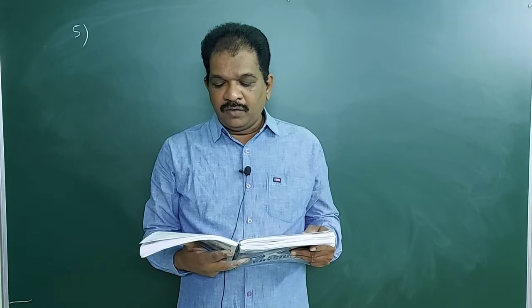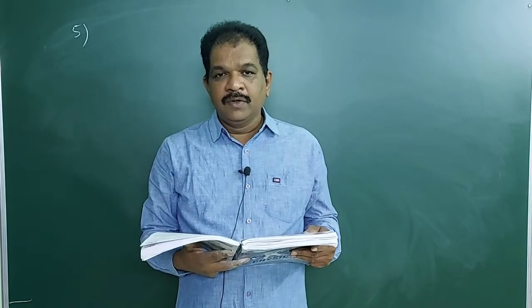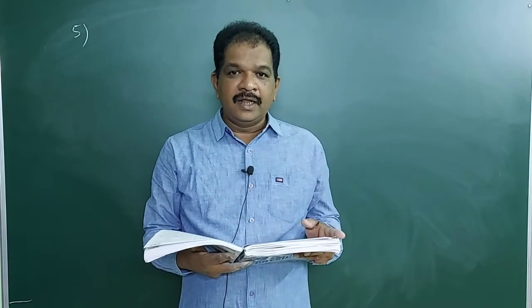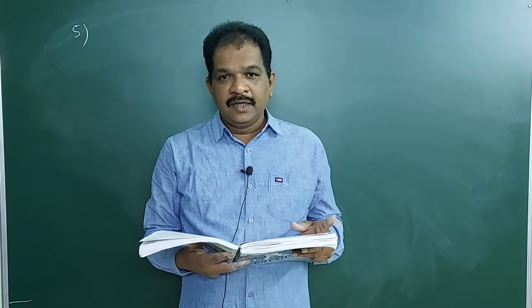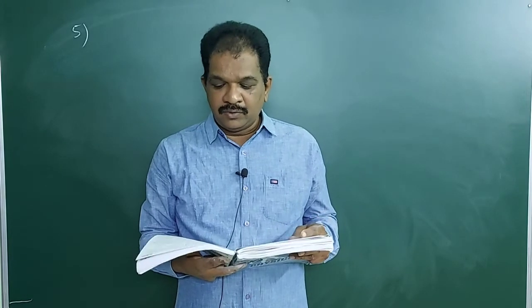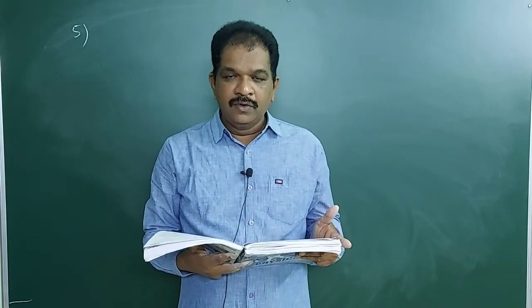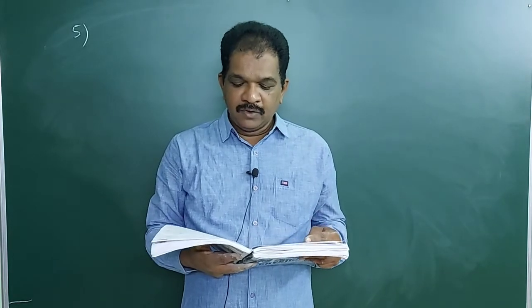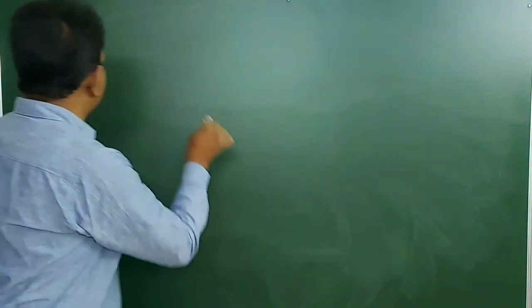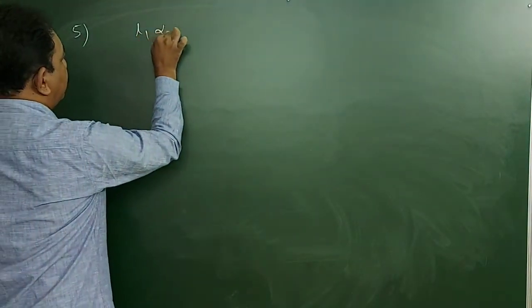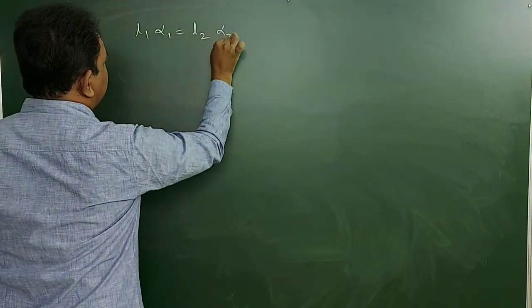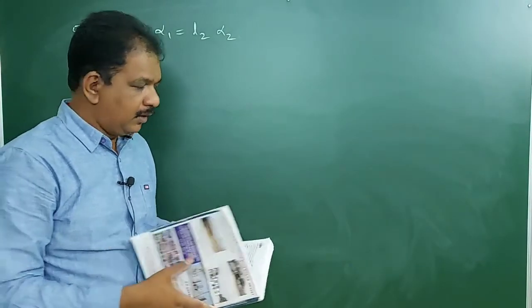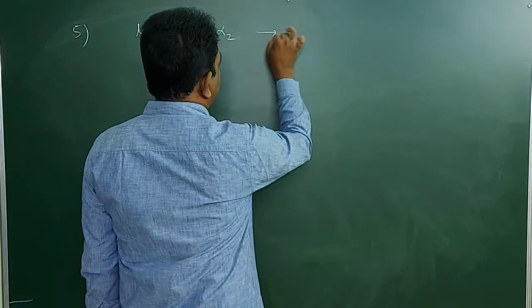Which of the following relations holds good? Condition to maintain difference in the lengths as constant: L1 alpha 1 is equal to L2 alpha 2. We discussed this in the problems, formulas starting. So fifth question, L1 alpha 1 is equal to L2 alpha 2. So it will be fourth option.